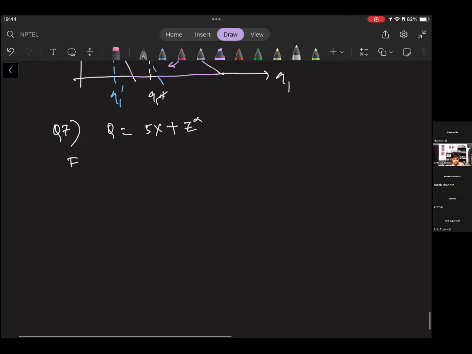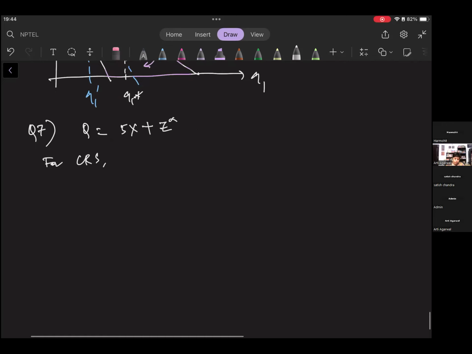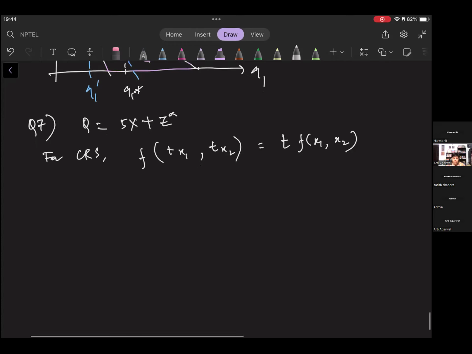For CRS, you can say f of tx1 comma tx2 is equal to t times f of x1 comma x2. That is the basic definition of CRS. x1, x2 can be any two inputs. In our case, it is given that they are x and z.